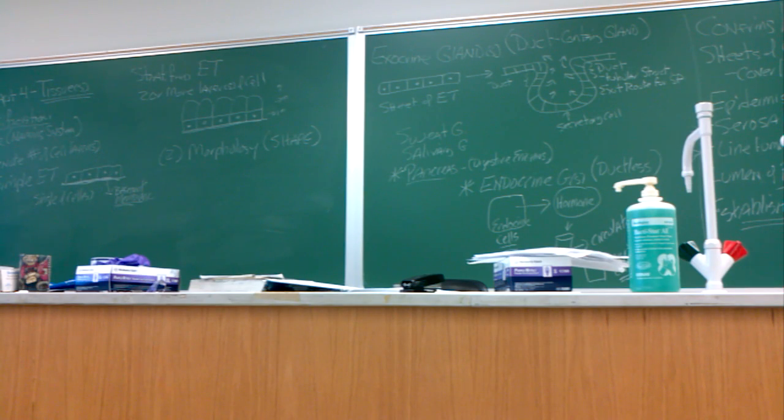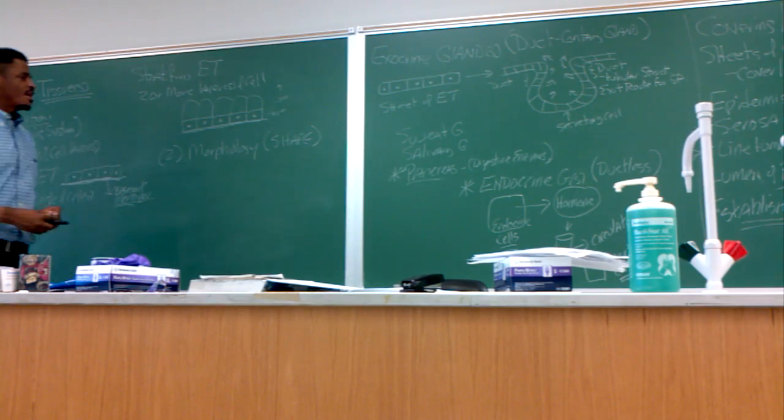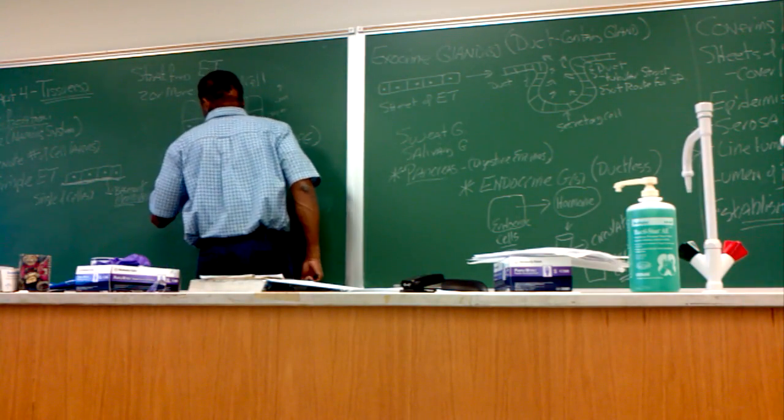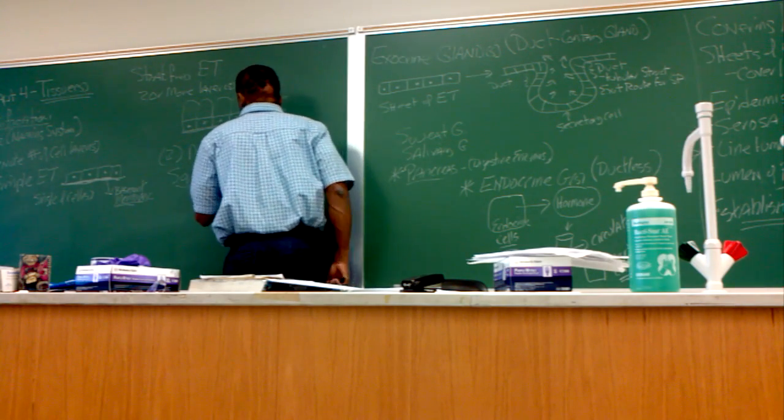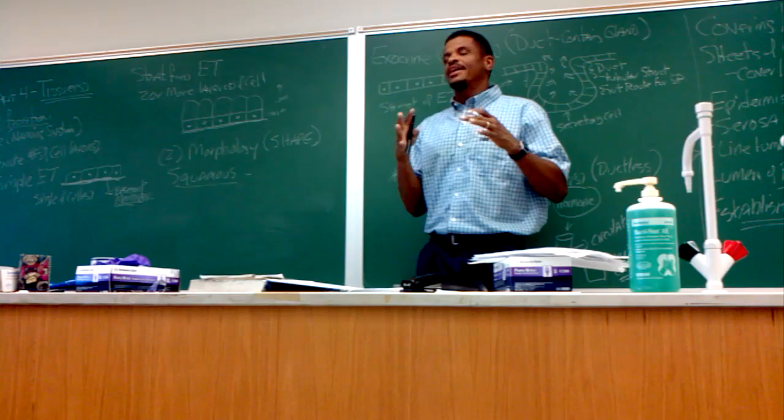As we take a look at the classification of the covering and lining epithelial tissue, we said the first name refers to the number of cell layers. We have simple, single layer, in contact with the basement membrane, and stratified, multiple cell layers, where only the basal surface is in direct contact with the basement membrane. The second name refers to cell shape. We have the squamous morphology, a flattened, irregular shaped cell.